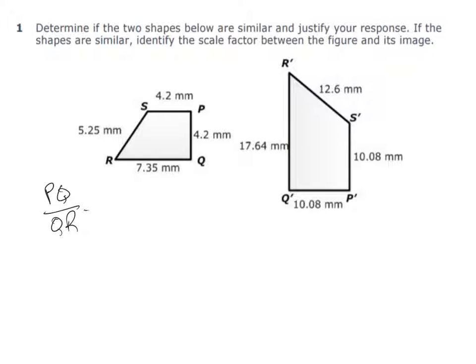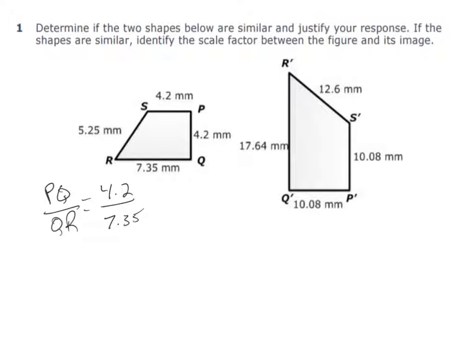I'm looking at PQ is 4.2 and QR is 7.35. I also want to look at QR and RS.